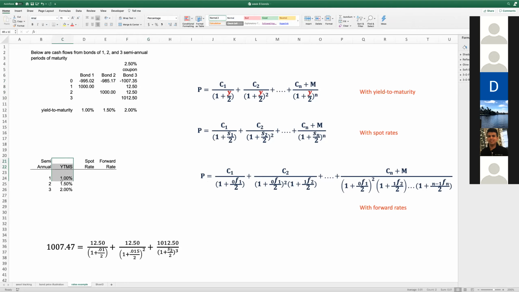All right, this is my yield to maturities. What are my spot rates? And so we could calculate the spot rates for period 1, 2, 3. The spot rate for period 1 is the yield to maturity, all right? Because it's a zero coupon bond, so the spot rate is the yield to maturity.